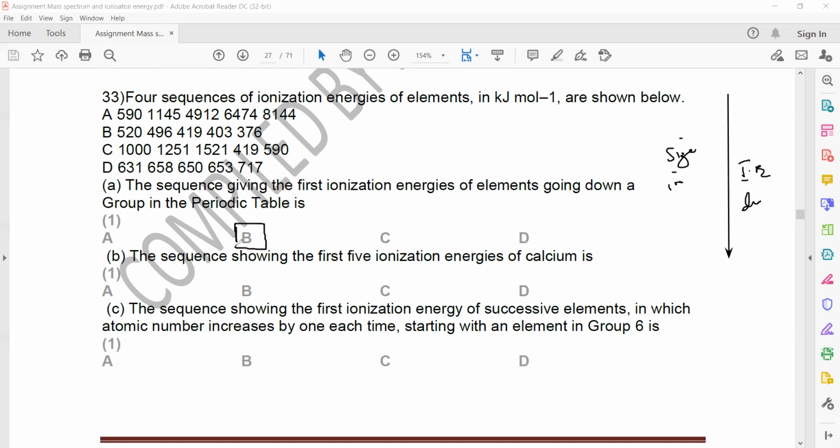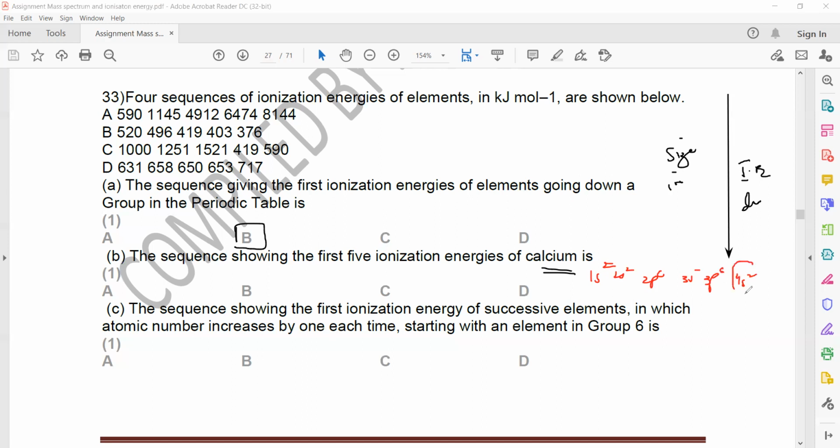Which sequence shows the first 5 ionization energies of calcium? So for calcium, when we write the electronic configuration, it will be 1s2, 2s2, 2p6, 3s2, 3p6, 4s2.